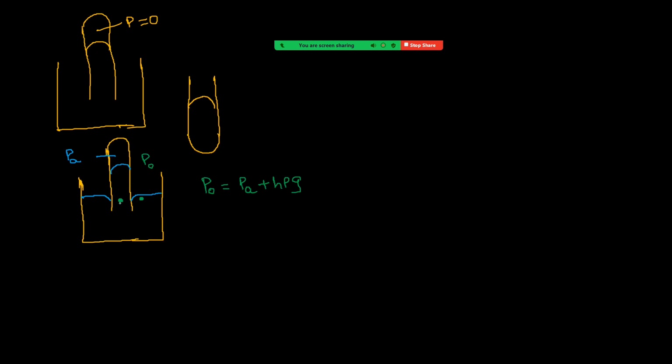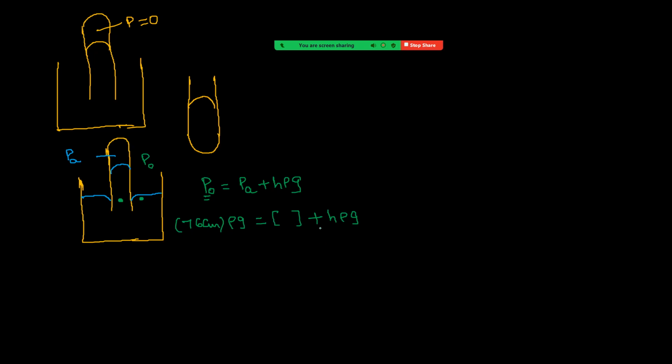I am repeating: at this point, the pressure must be equal to the pressure because of the air plus the pressure because of the weight of the mercury column. So it is now Pa plus H rho G. Now in this, there is no change, which is equal to 76 into rho of mercury into G. This is now the pressure of air, which is non-zero, plus H rho G.